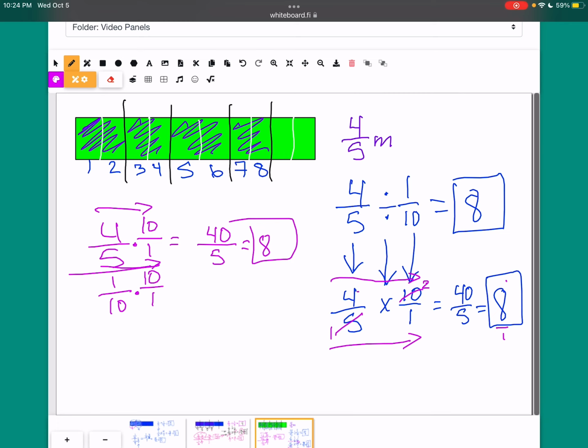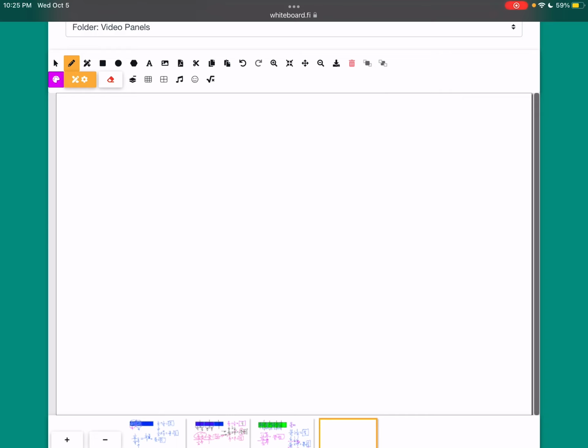Let's do number 22 on page 73. So 22 on page 73 says 5/8 divided by 15/16.